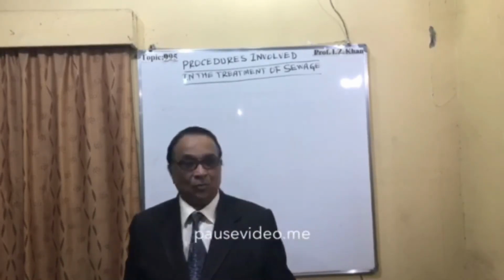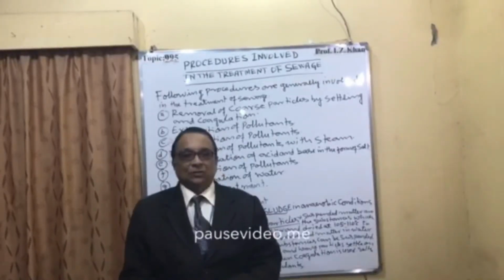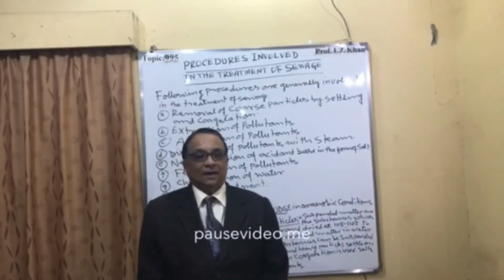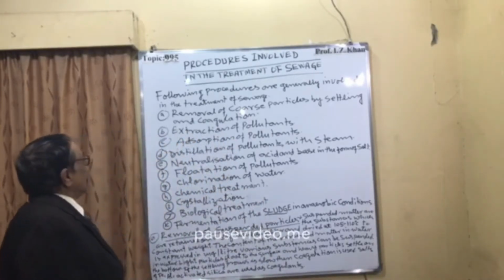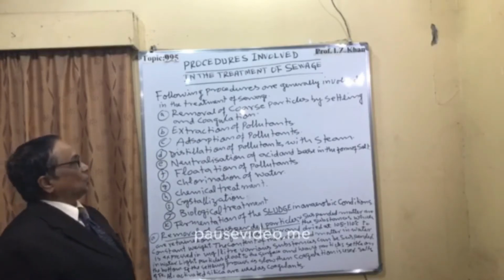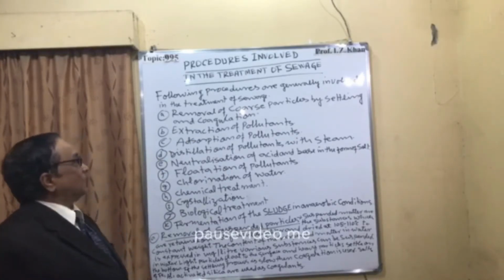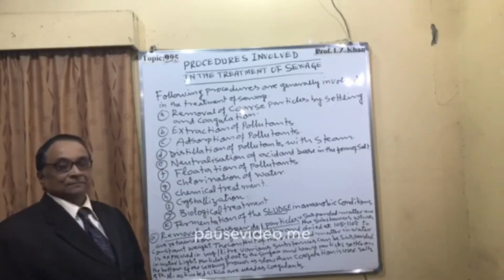I am going to give them one by one. So here I have given the following procedures which are involved in the treatment of sewage. A: removal of coarse particles by settling and coagulation.